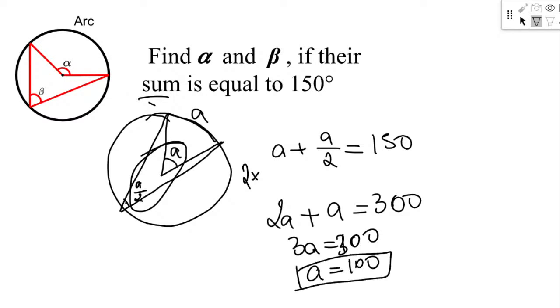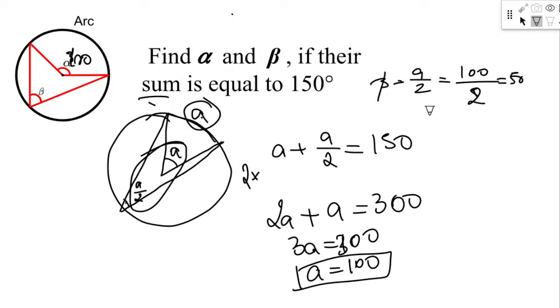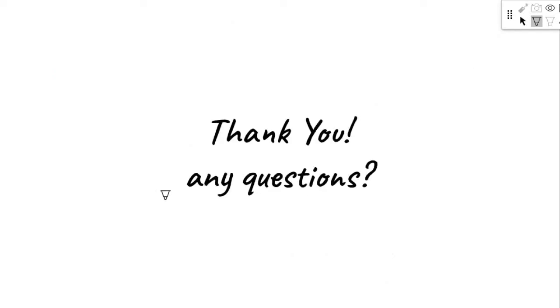So we found A. Alpha would be the same A, so alpha is 100. And beta would be A divided by 2, that is 100 divided by 2, which gives us 50. Is it true? 50 plus 100 makes 150.